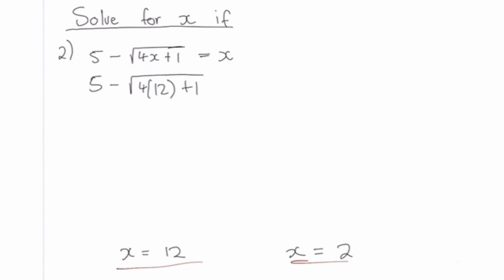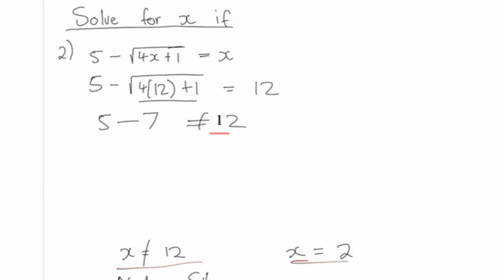If that does not give you 12, then x equals 12 is not a solution. Let's see. 4 times 12 gives you 48. 48 plus 1 is 49. The square root of 49 is 7. 5 minus 7 is not 12. And so x equals 12 is not a solution.